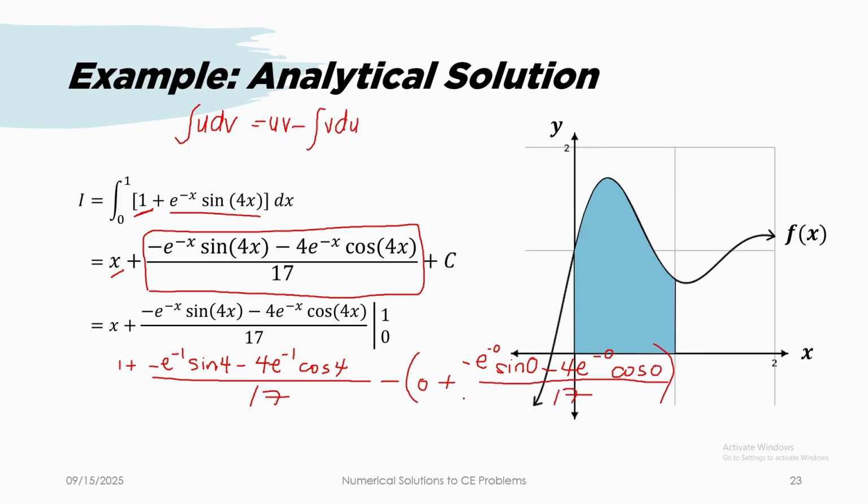That would lead us to 1.308251 units. That is the non-approximated area under the curve.